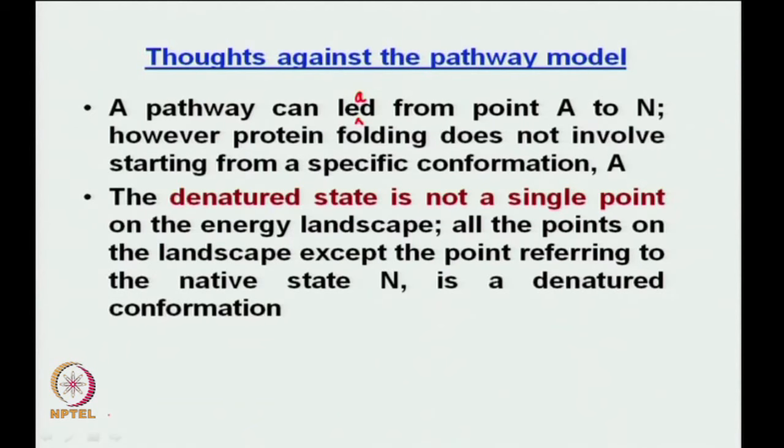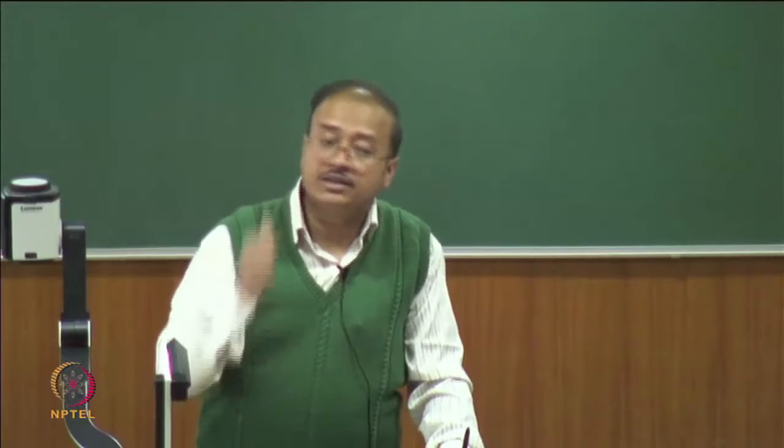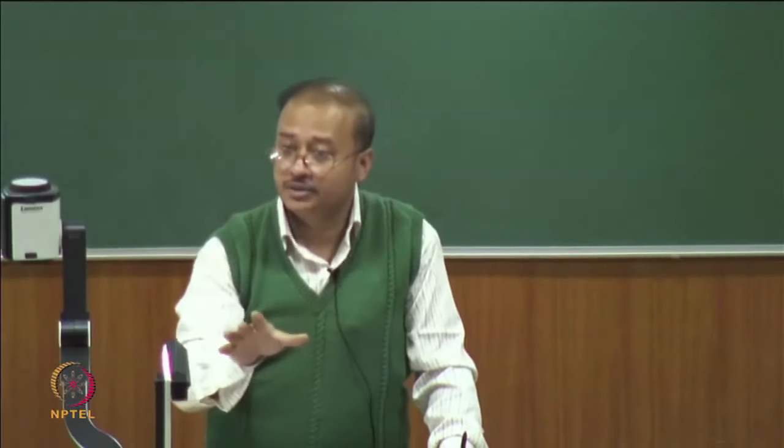That means, if you are talking about A, well and good, A satisfies, but what about all the other configurations B, C, D, E and so on? You are not being able to solve that, right. Okay. So, then the final conclusion is the pathway model is too limited in its applicability. The golf course model was absolutely not making any sense. The pathway model at least makes sense in terms of the pathways, but still it is very limited, right.